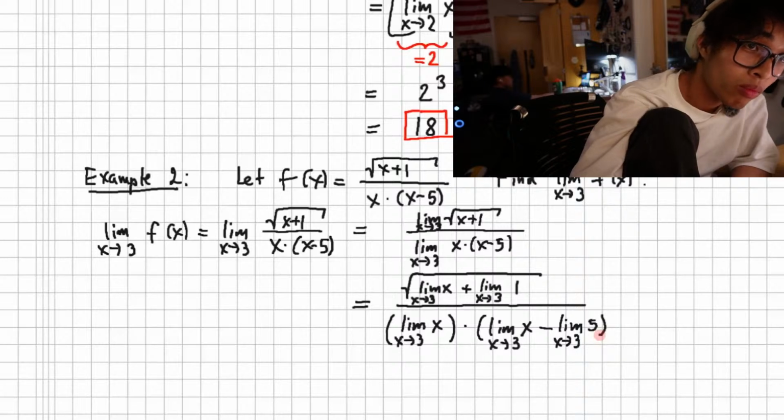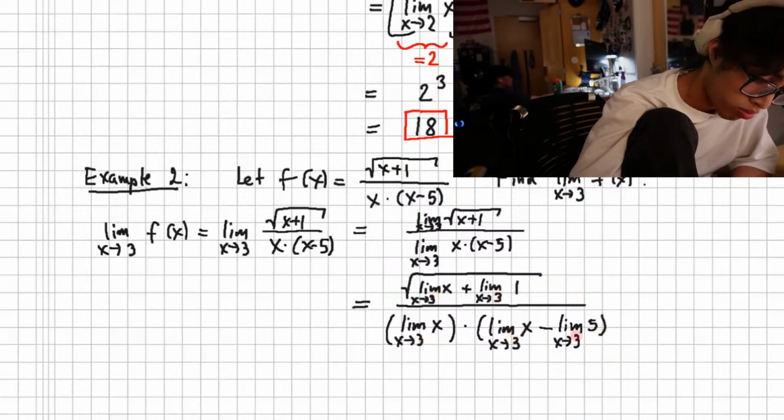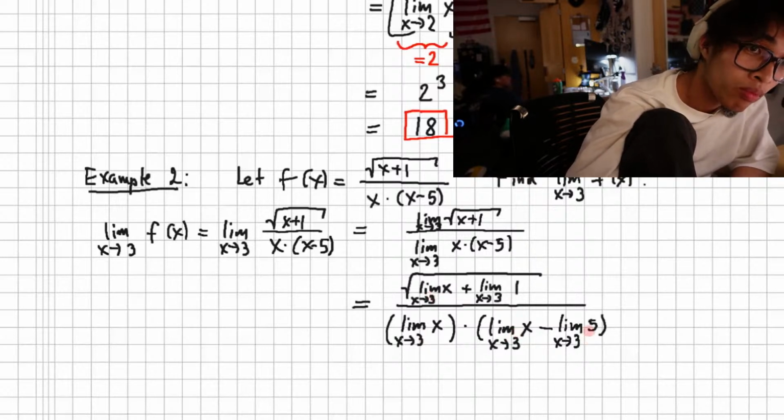Now we can evaluate each and every one of these limits because they are now in the form where we have a theorem that tells us how to evaluate them.